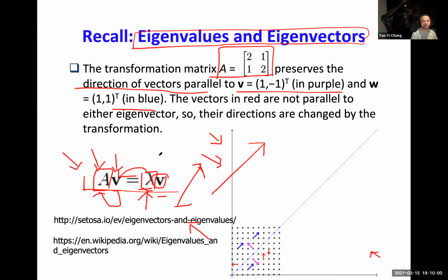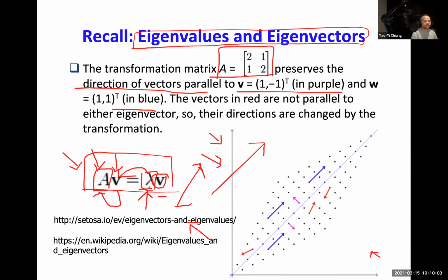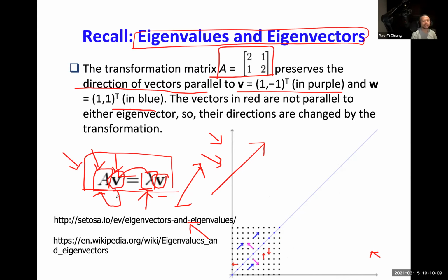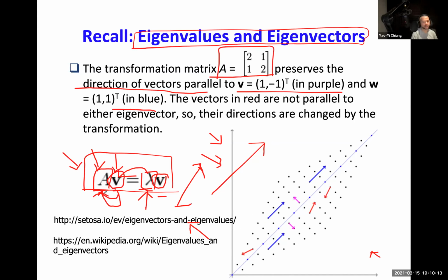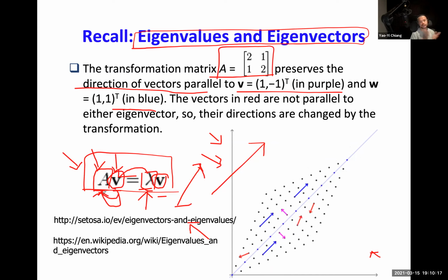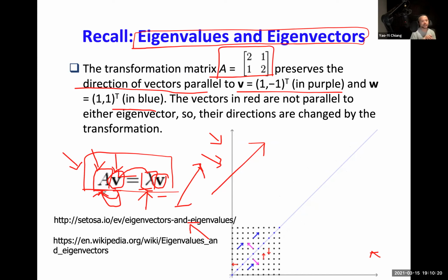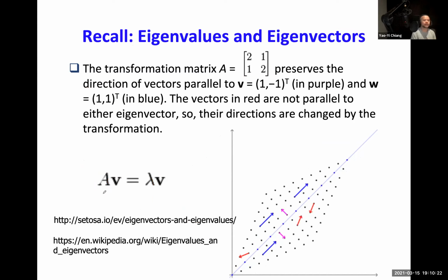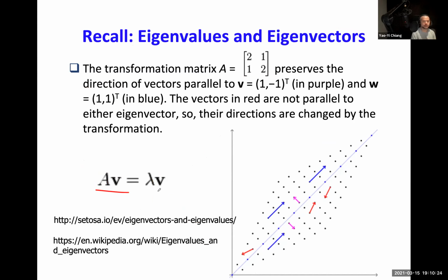And this property is actually very useful. It tells us something about the matrix, and you can even say this V is one of the signatures of matrix A, and you can use it to do many things. We are going to talk about eigenvalues and eigenvectors later as well in the PageRank lecture. But for now, this is the basic definition you want to know.